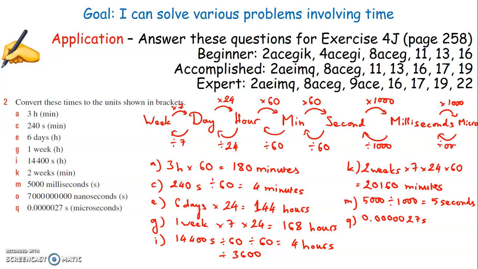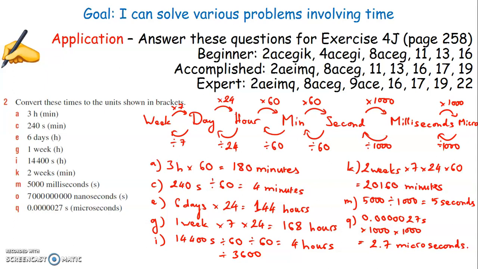So here I'm adding another step. If we want to go from seconds to microseconds, we're going to times that by 1,000 and then times by 1,000 again. At the same time, you probably can see that this is the same as multiplying the number by 1 million. So that is going to be 2.7 microseconds.